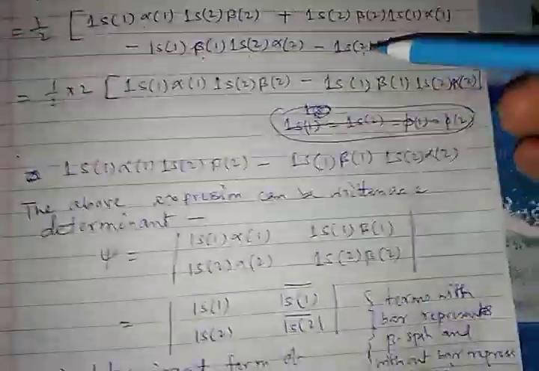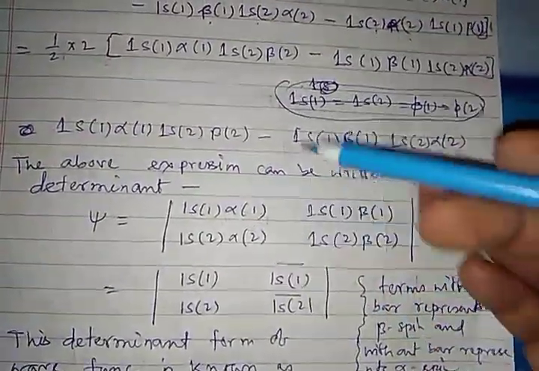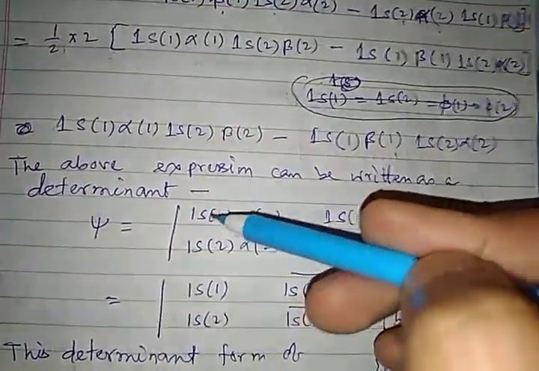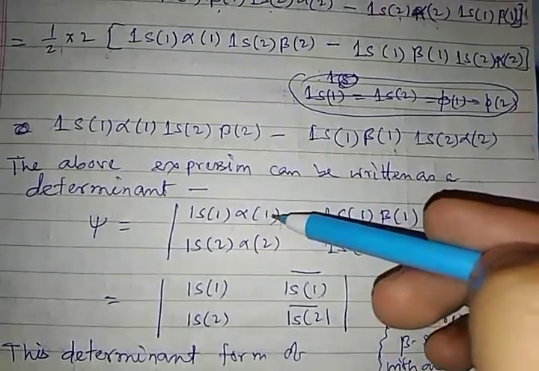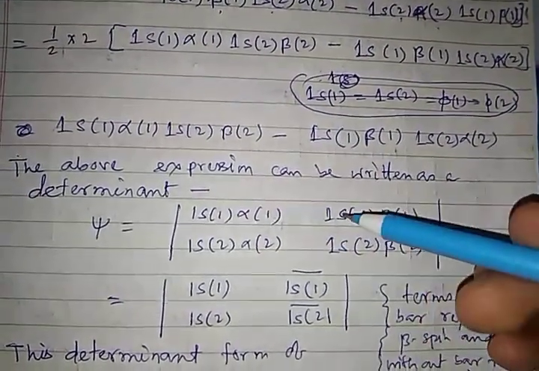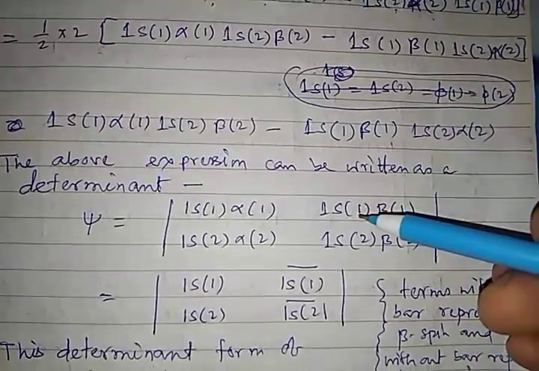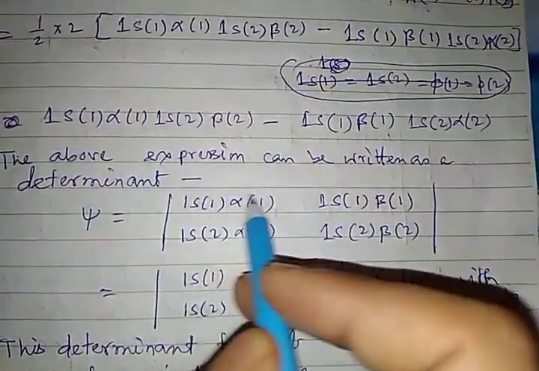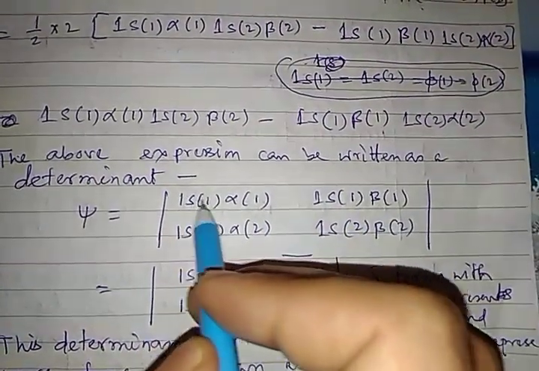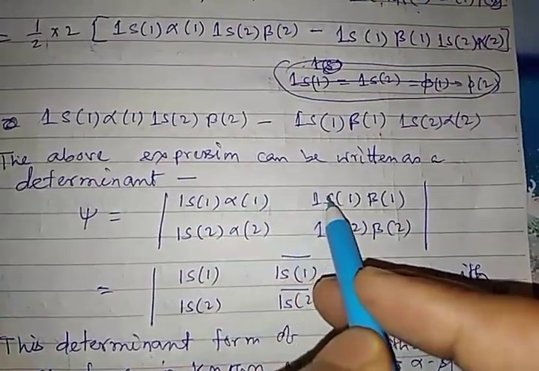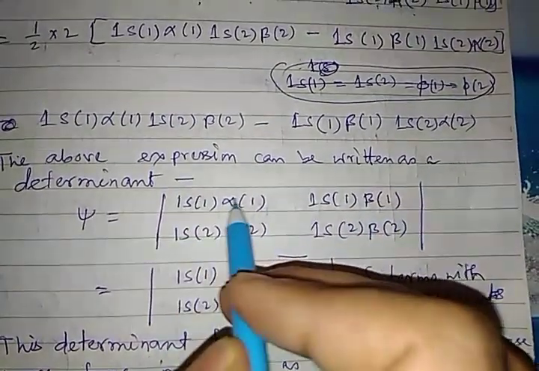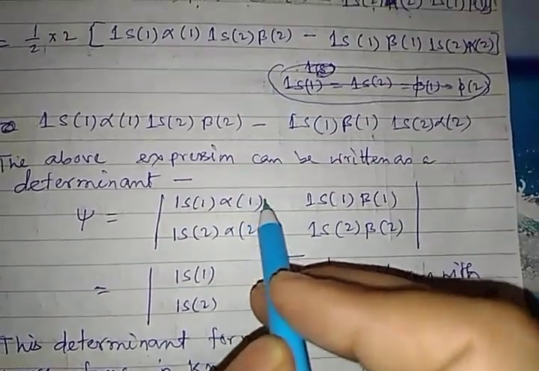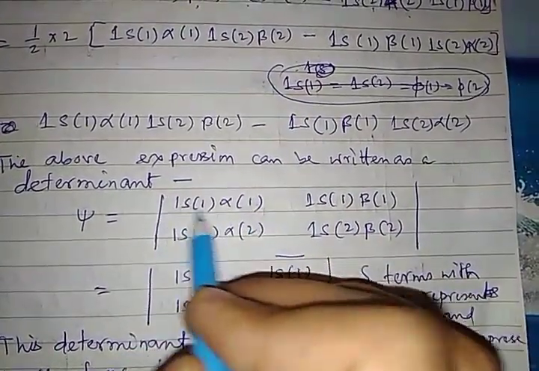Now this relationship can be expressed in terms of a determinant, a 2 by 2 determinant. The first row has 1s1 alpha 1, then the second column has 1s1 beta 1. Along the row I have the orbital of electron 1, and I only have to change the spin for each element.